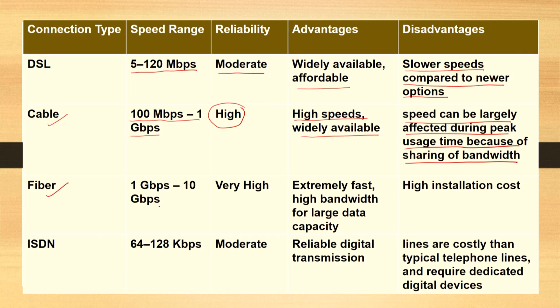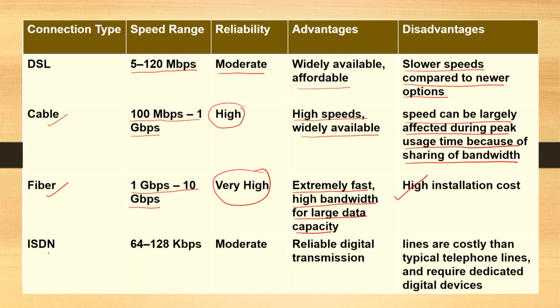Another one is fiber, where the speed ranges from 1 Gbps to 10 Gbps. Reliability is very high. Its advantages are that it is extremely fast, with high bandwidth for large data capacity, but it has the limitation of high installation cost.